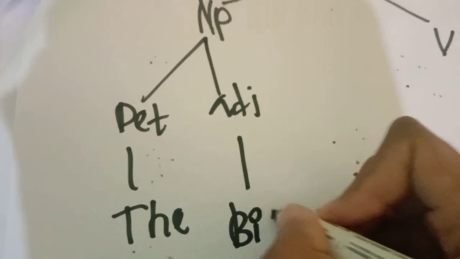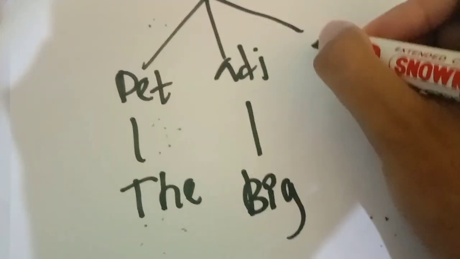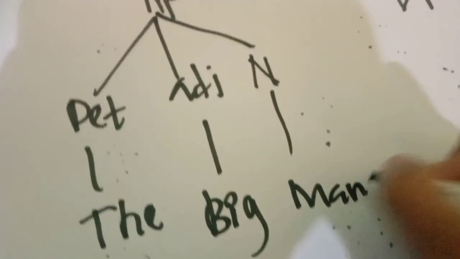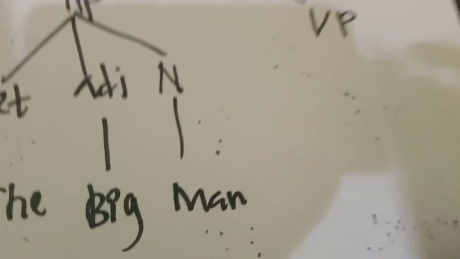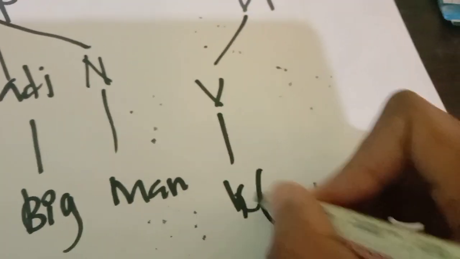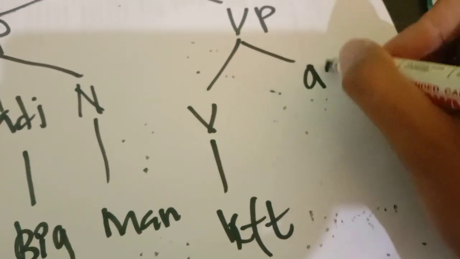Then big. And the last one for the noun phrase is man, which is a noun. Correct. For the verb phrase we have the words left quickly. Again, left is a verb. Then quickly is an adverb, not a verb.